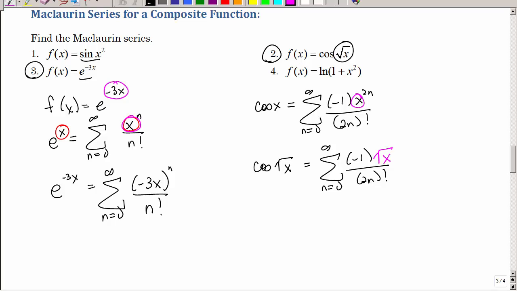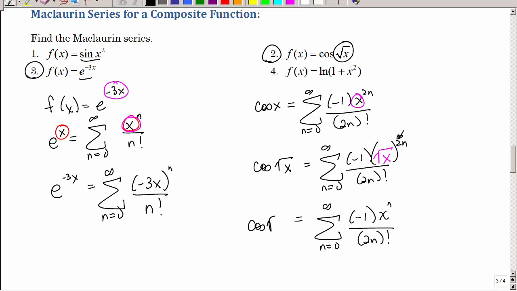The square root of x. And you could leave it like that, but you should know that the square root squared is going to just be x. So I think that's a little bit better way to write it. And that's the cosine of the square root of x.